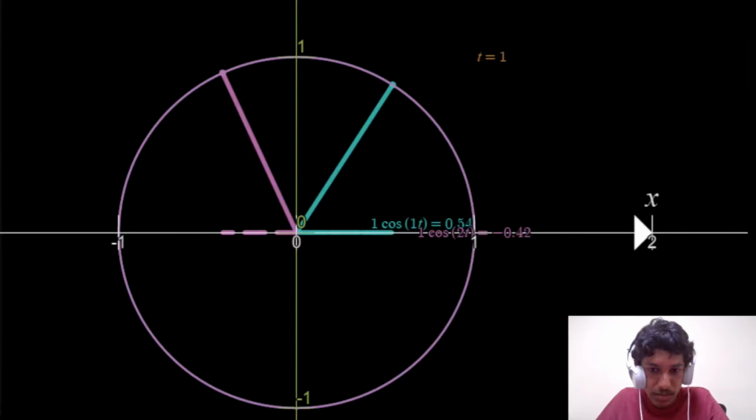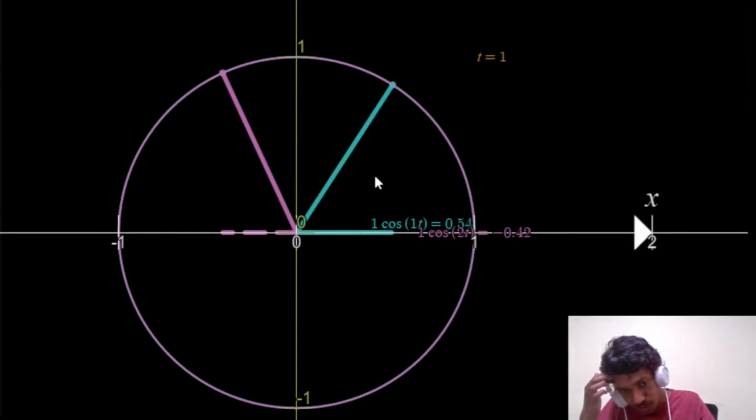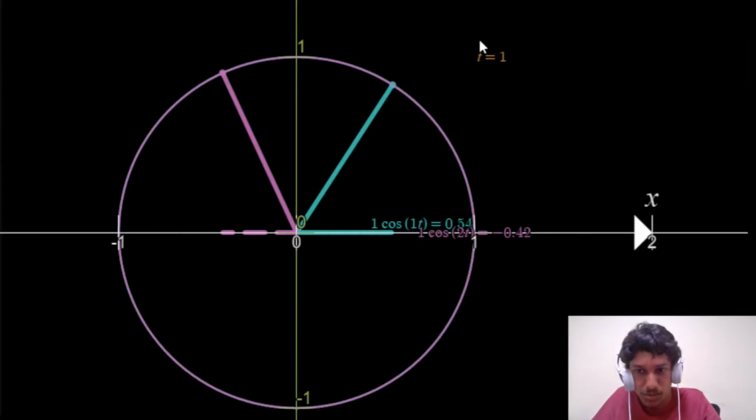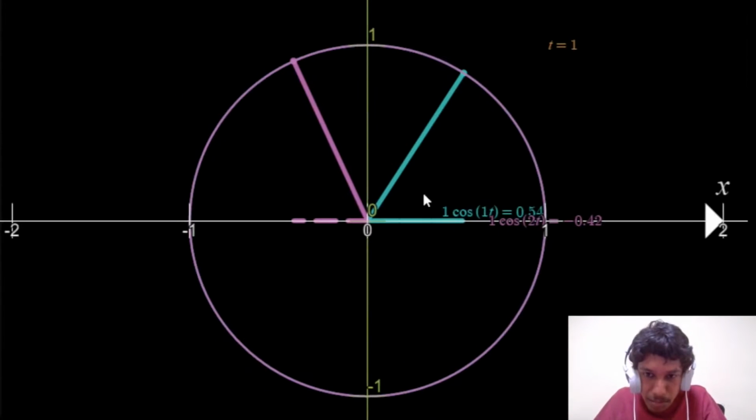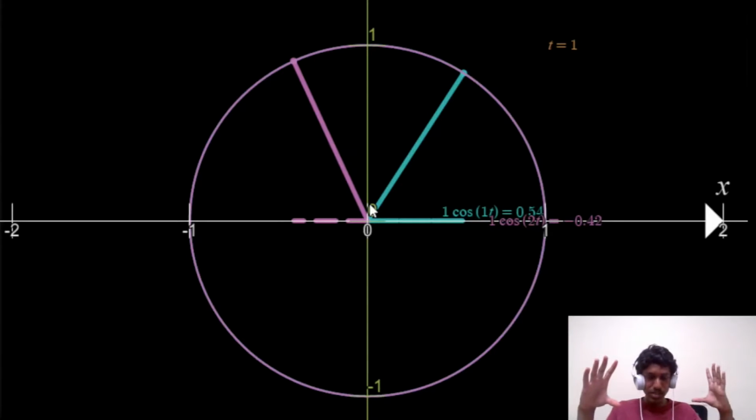Here we've got a freeze frame at t equals 2. So let's stop and look at this. For 1 cosine 1t, you notice that this line is at 1 radian from the x-axis, because you go cosine 1 times 1, so you take cosine of whatever's in the parentheses.